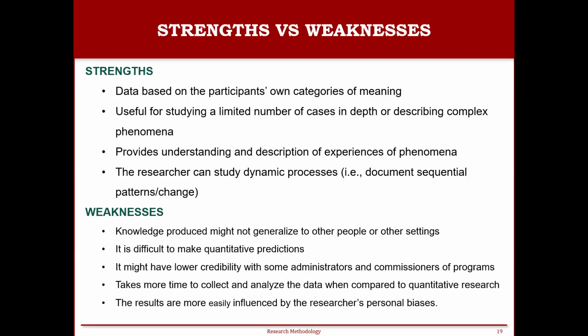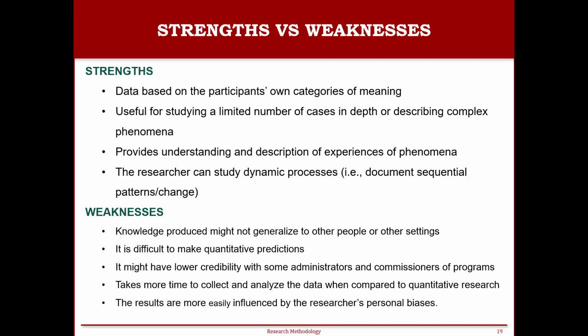And here also the bias case is there, right? The personal bias is there, that the results you are finding out will be biased on the researchers' personal opinions, right?